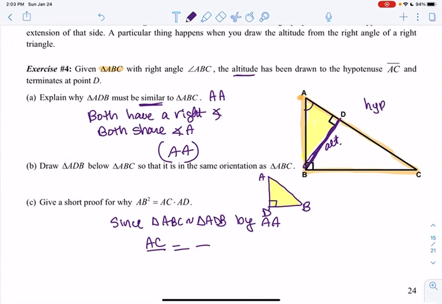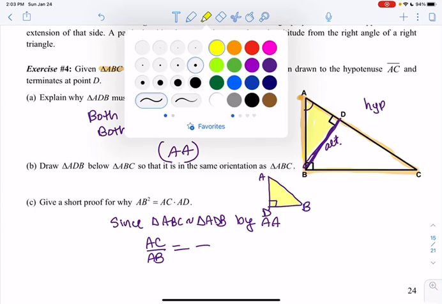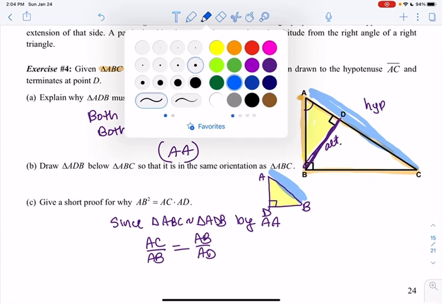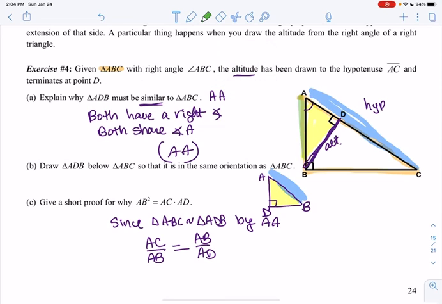I'm going to take the hypotenuse of the smaller triangle, AB. Let me grab a color just so you guys can see this. So I'm taking this side right here, the hypotenuse, and this hypotenuse. Okay, and then I'm going to take AB, which is the left side, and that is equal over AD, which is the left side. All right, so I'll do that in green. Then I'm taking this side and this side.